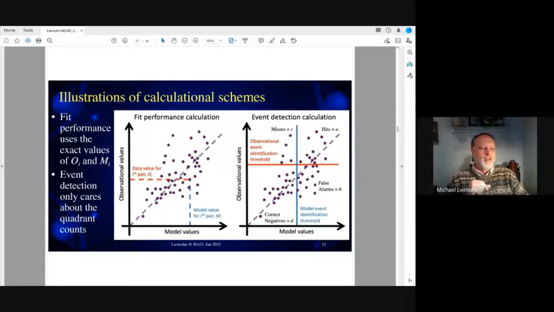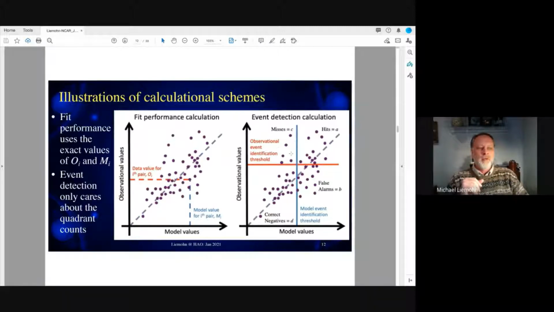Specifically with all of these MI-OI pairs. In event detection, you draw these two lines. They don't have to cross at the purple line. They can if you set the same values, but they don't have to.